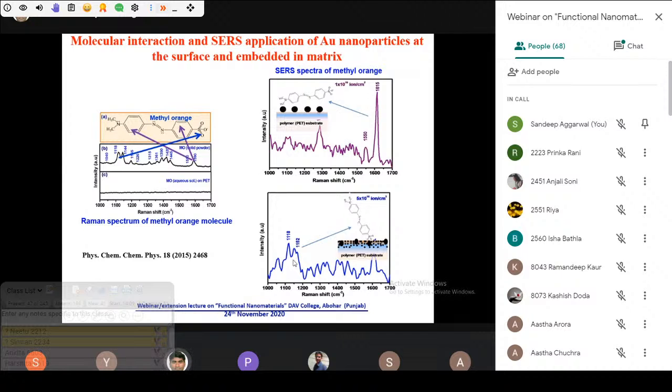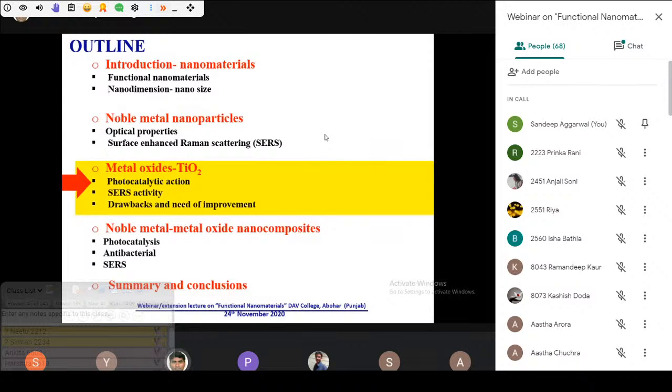So what it shows is the interaction of molecules, or a particular part of the molecules, on the metallic surface. That means how molecules are interacting on the surface can also be found. So this is a little bit about the noble metals, how we use these noble metals for applications.